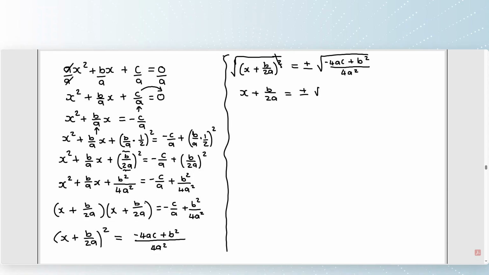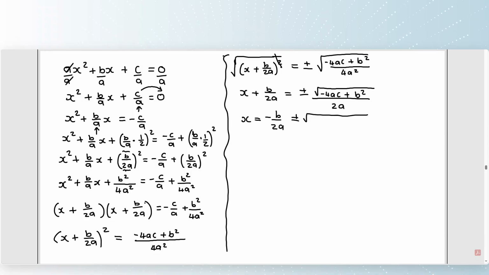So only the top part is going to remain under a square root, but the bottom part is going to be 2a, because the square root of 4 is 2 and the square root of a squared is a. Now we want x. We're going to transpose the b over 2a. We take b over 2a to the other side. We're going to have minus b over 2a plus or minus root of.